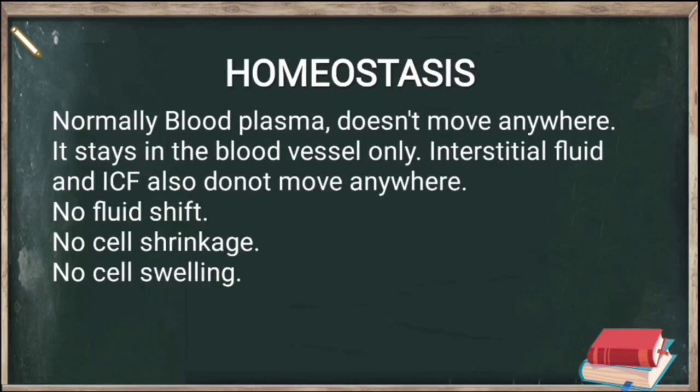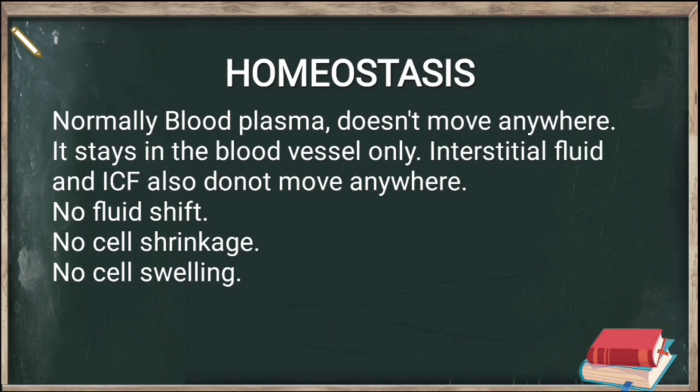Next, coming to homeostasis. What is homeostasis? Normally, the blood plasma doesn't move anywhere. It stays in the blood vessel only. Other fluids like interstitial fluid, that is the fluid present in between the cells, and intracellular fluid, that is the fluid present in the cell, these fluids also do not move anywhere.